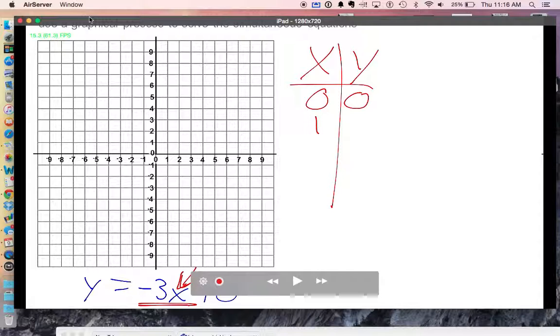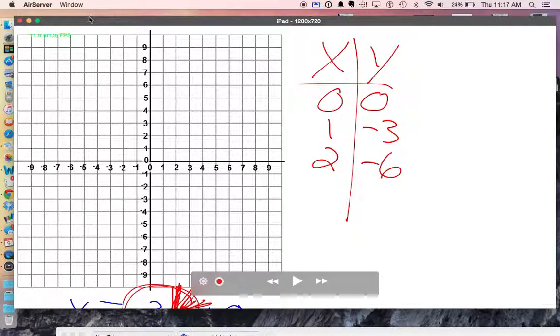If I plug in a 1 for x, I get -3 times +1, which is -3. And if I plug in a 2 for x, I would get -3 times 2, which is -6. So I can plot those points (0, 0), (1, -3), (2, -6), and then combine them with a straight line.